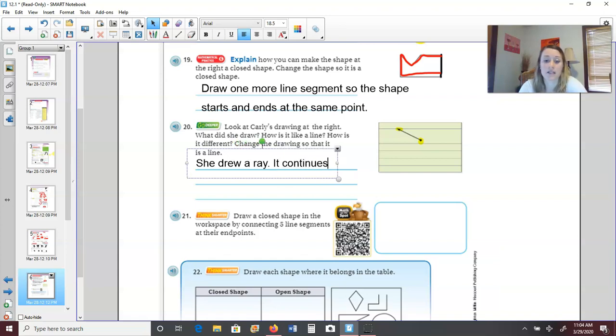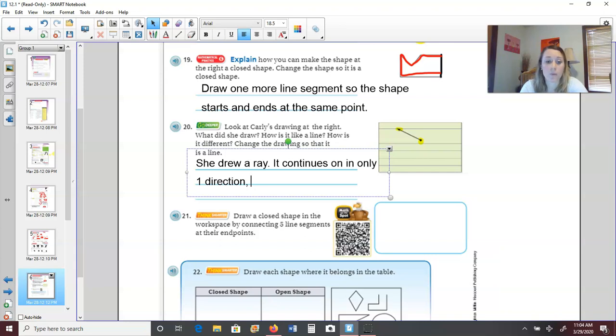So we could say it continues on in only one direction. Okay, I'm going to add on to that because that's kind of a difference, you know, that a ray only goes on in one direction, but a line goes on in both directions.